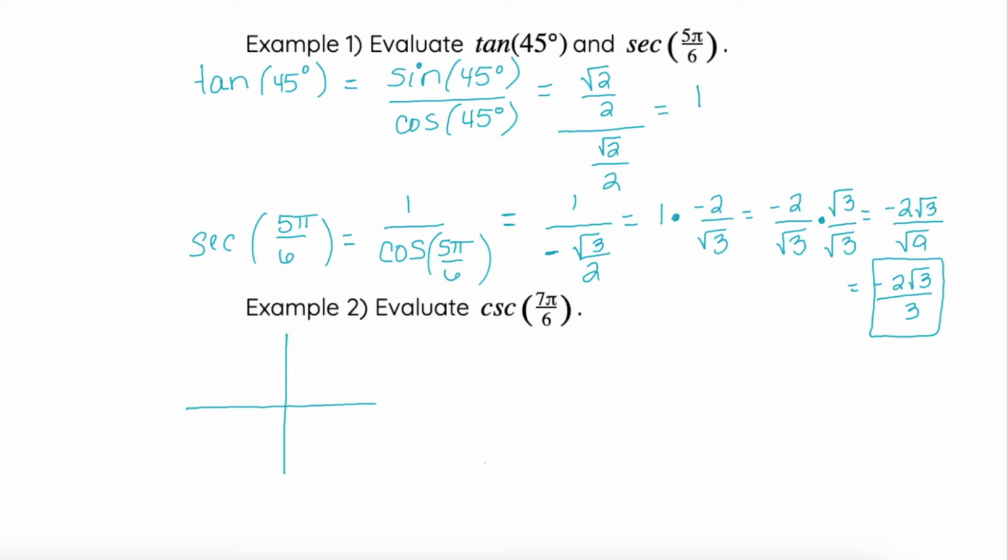So I'm looking for cosecant of 7 pi over 6. If I were to start at my initial angle, it's going to be about here-ish, right? We drop our vertical line down to the x-axis. So I know my x value and my y value are going to both be negative. But if this whole thing is 7 pi over 6, I can find my related triangle by saying 7 pi over 6, subtract pi, because this is pi.